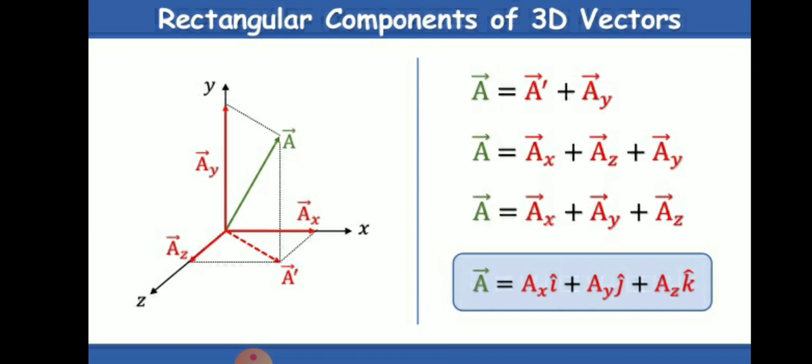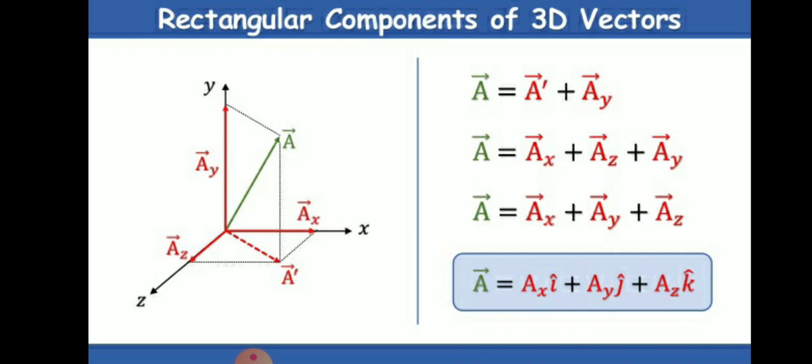Now vector A is equal to vector A dash plus vector Ay. Therefore vector A is a sum of the components along x, y and z: vector Ax plus vector Ay plus vector Az.